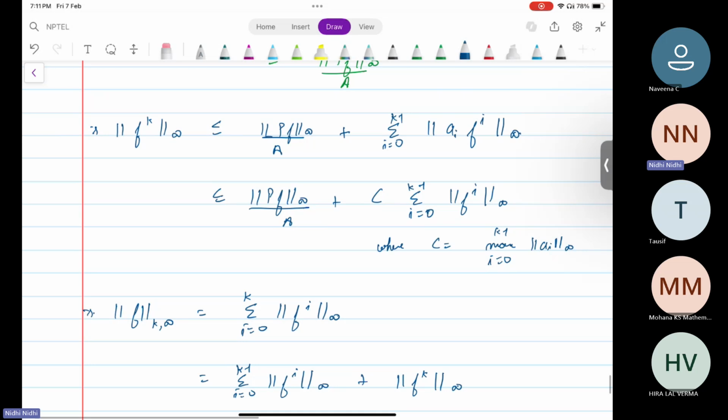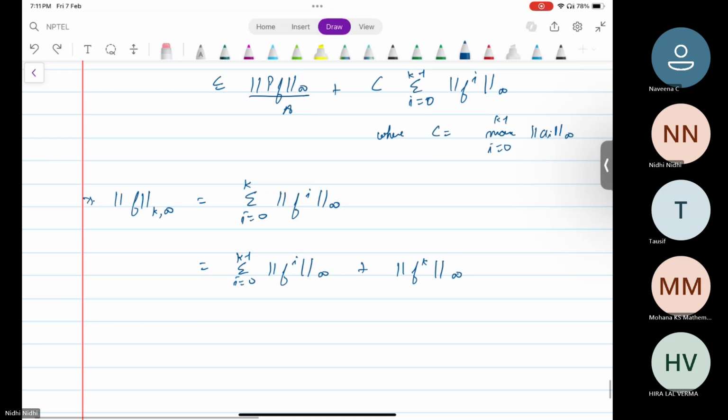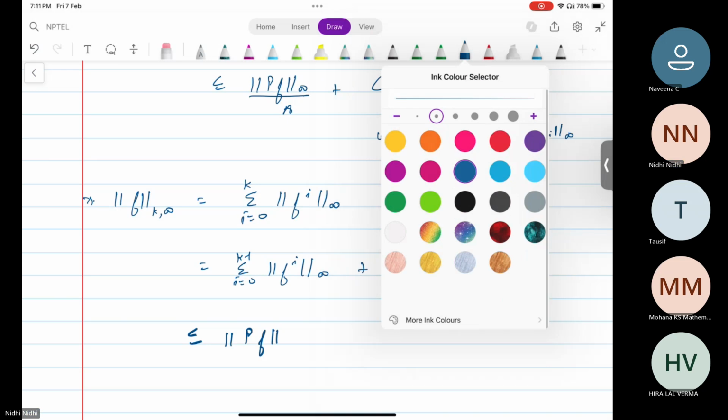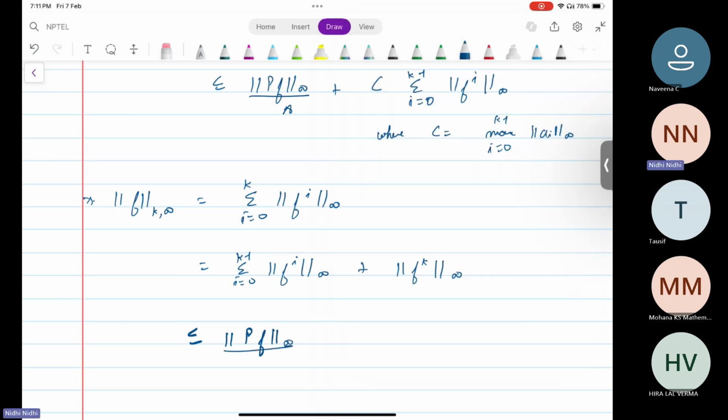For i equal to k, we have this type of inequality. So this is less than or equal to the infinity norm of Pf by A plus C times summation i from 0 to k minus 1 of f^(i), plus the rest of the terms.